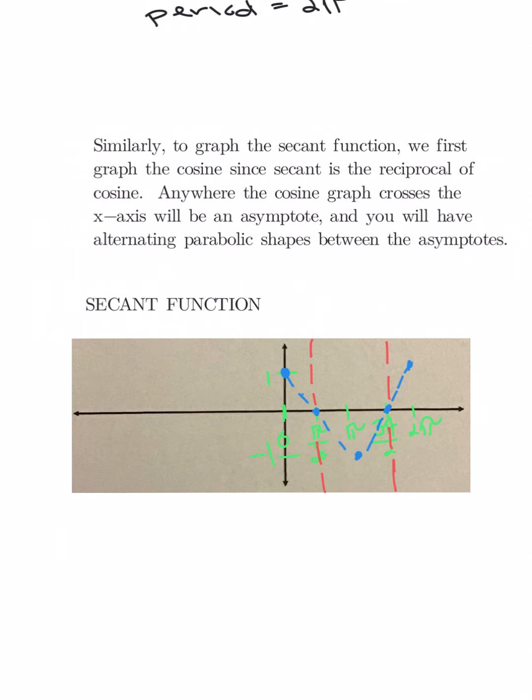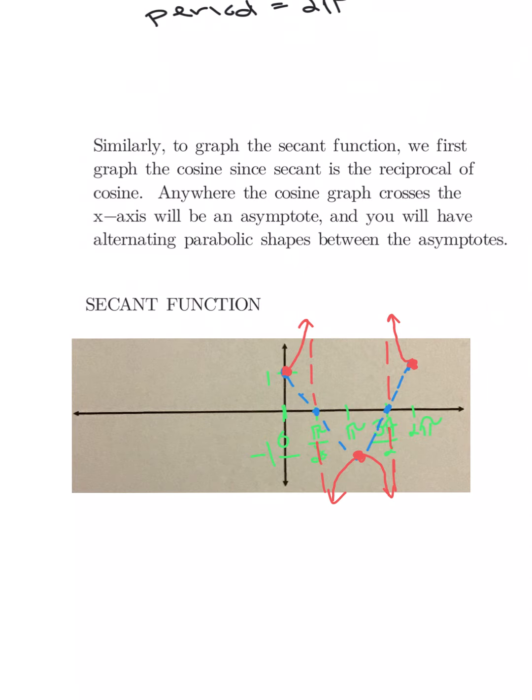For the graph of the secant, we will find our 1, and then instead of going downward, we're going to go upward toward the asymptote. We will go to our -1, and where that opens up, we're going to reflect and open down, staying between our asymptotes. Go to the next 1, and then open towards the asymptote.